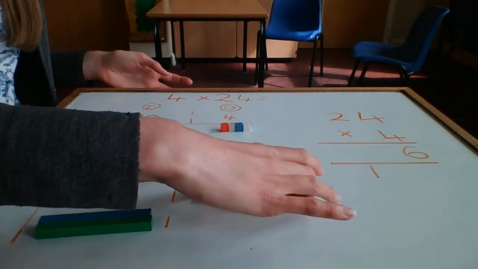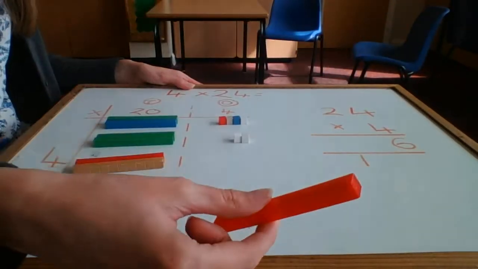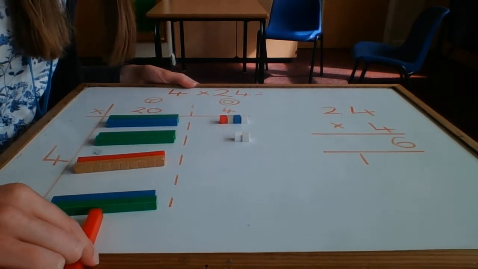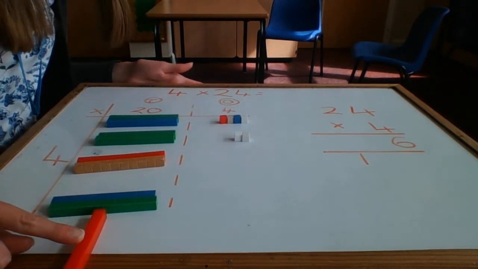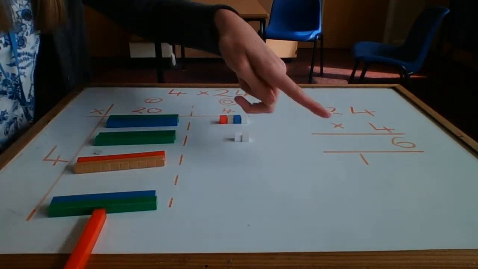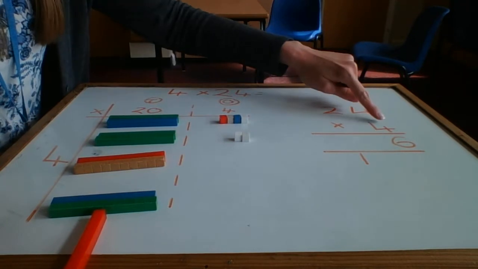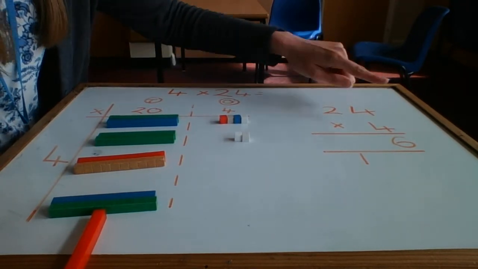Okay? Take these and change them for a stick of 10 that I will move to underneath the tens column there. And I'm going to put it in a different way up so I can tell it's different to here, like my 1 there.